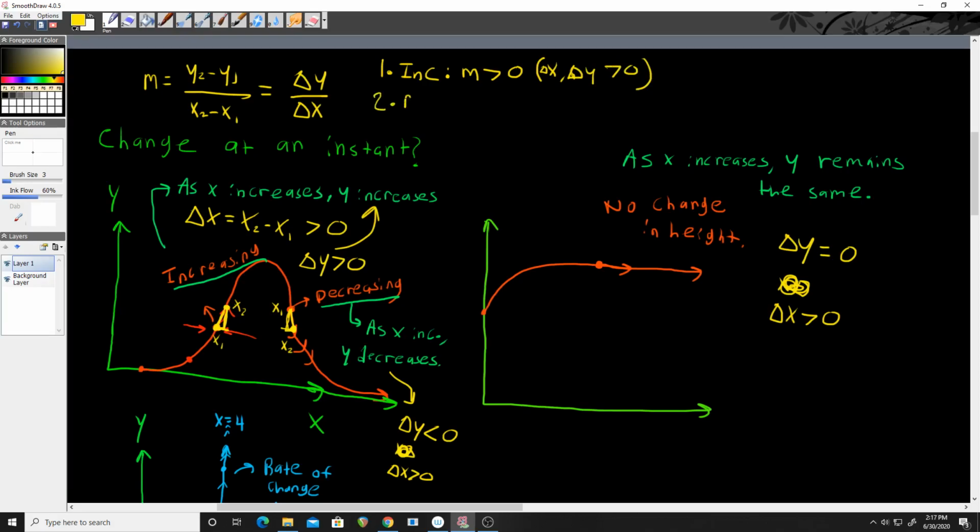We could have a decreasing function. For a decreasing function, the slope is going to be negative, because delta x is positive and delta y is negative. We could have zero slope, or not increasing or decreasing.